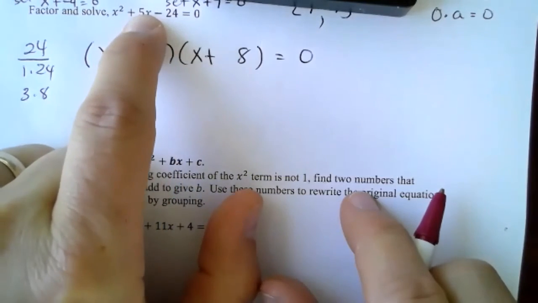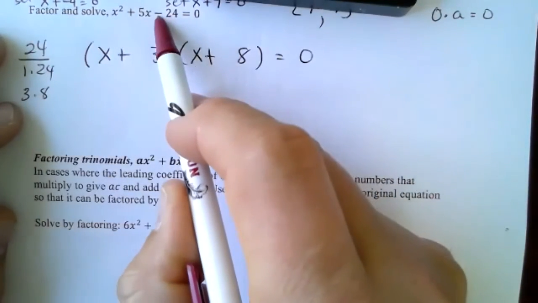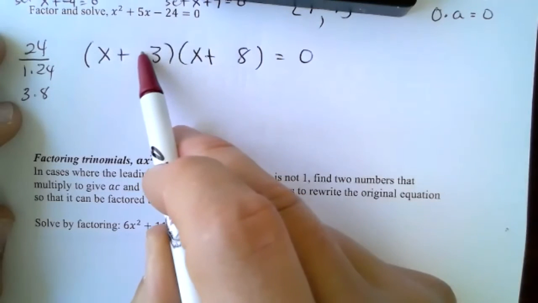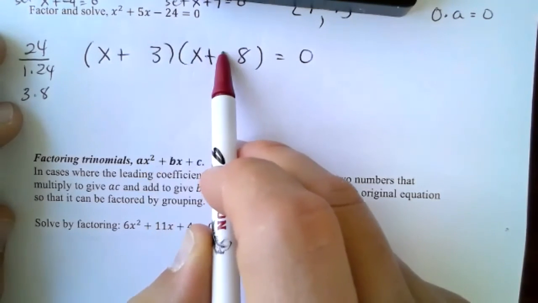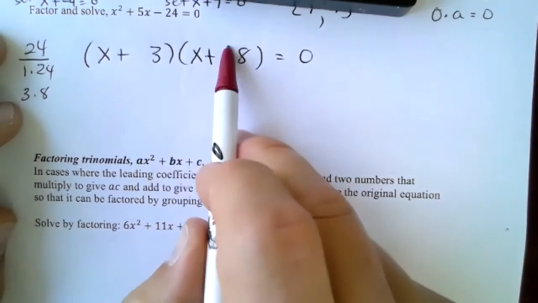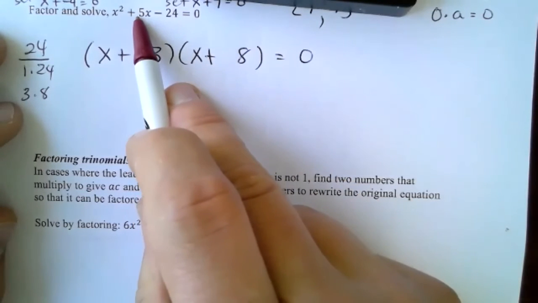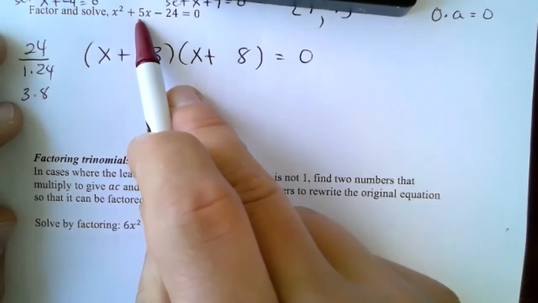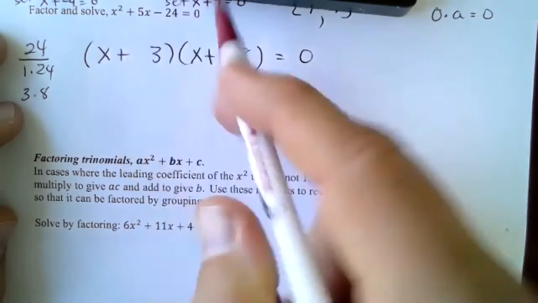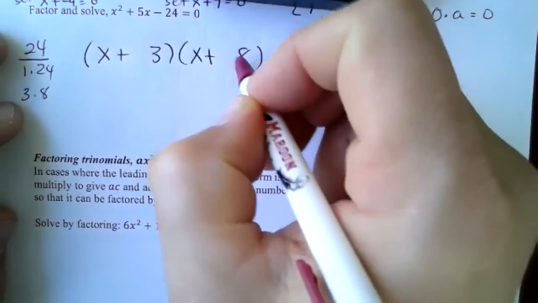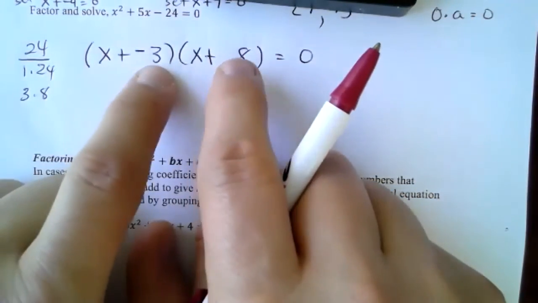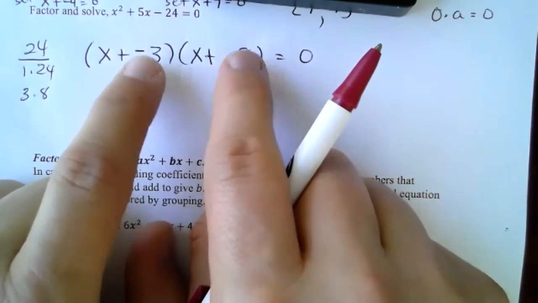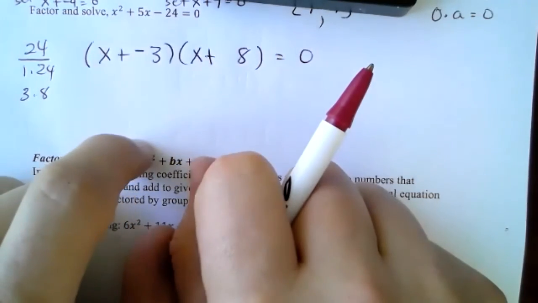In order for this to be a negative 24, one of these has to be negative. So if one has to be negative and I need to come out with a positive 5, that means the largest number needs to be positive. So 8 is going to stay positive, and I'm going to put a minus in front of that 3. If you multiply that, it becomes negative 24. And if you add these two terms, you get positive 5.